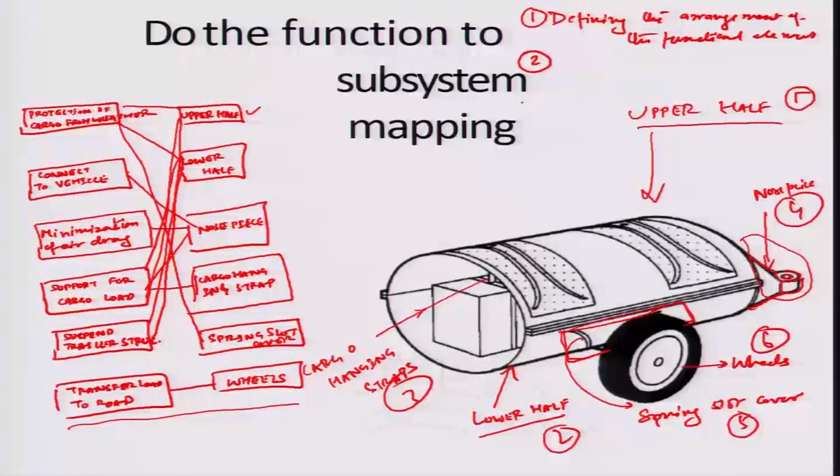Second step would be the mapping from functional elements to physical components. So, we have been doing this for both the examples given in the last slide as well as this slide. So, mapping of functional elements to physical components.